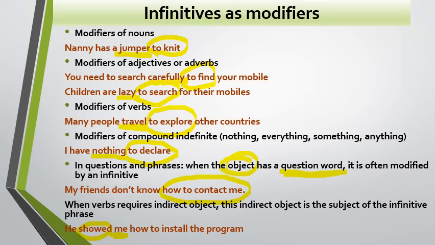He showed me how to install the program. This is all in the object position. Me is the indirect object, and by the way here me is the subject of the infinitive phrase. Again, it is the subject of the infinitive phrase, and at the same time it's the indirect object of the main verb. I hope this is clear.